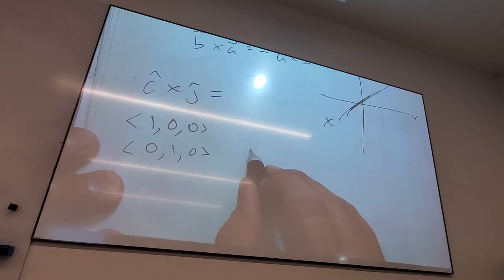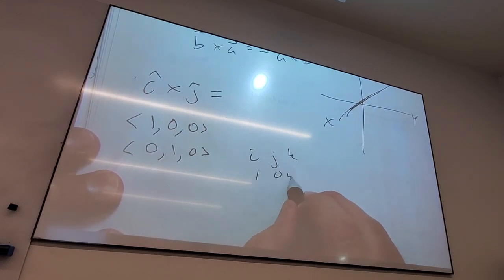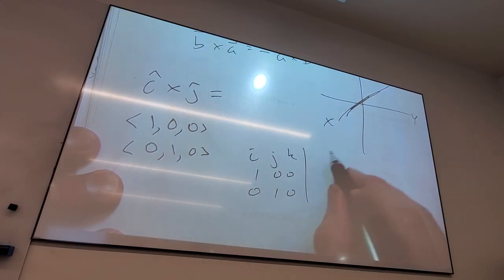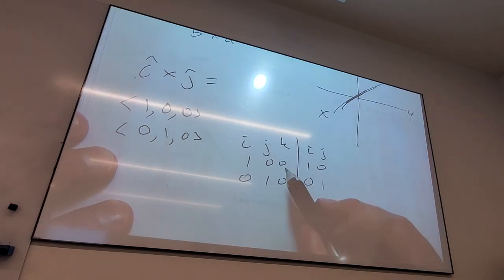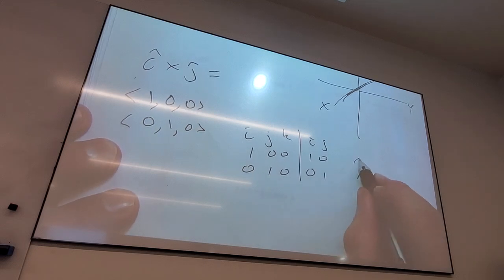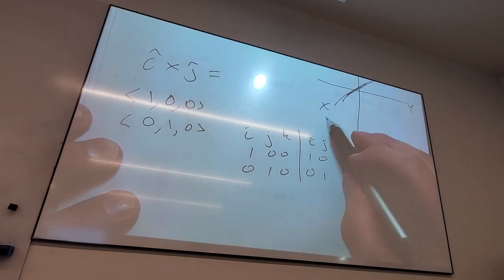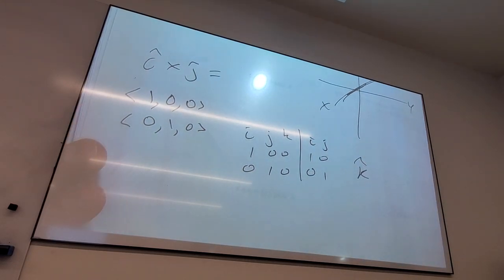So then you can do I, J, K, 1, 0, 0, 0, 1, 0, and you'll get no I's, no J's, 1 K, no K's, no I's, no J's. Yes? And it works, and it makes sense, because X cross Y is in the Z direction. They're both unit vectors, so any multiplication I do should preserve that one length.